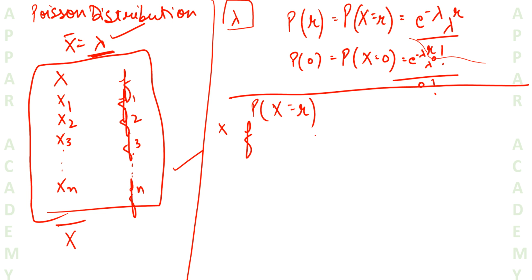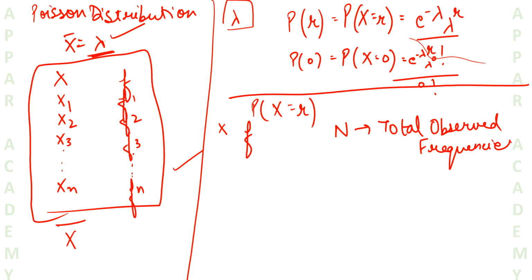So for this, let's suppose n is the total observed frequencies. When I say total observed frequencies, I mean the sum of the frequencies, summation f is equal to n.